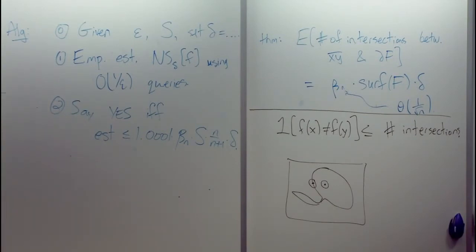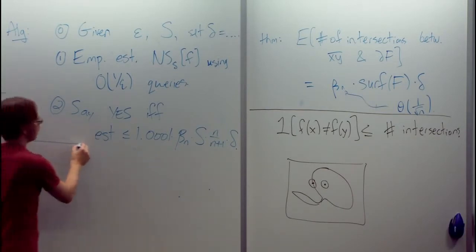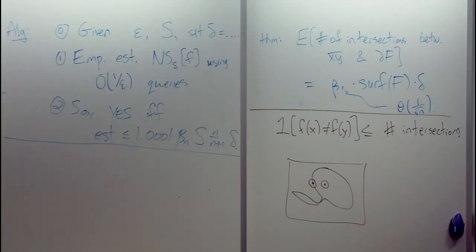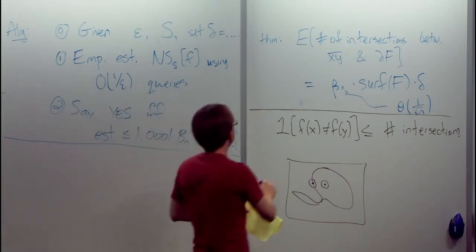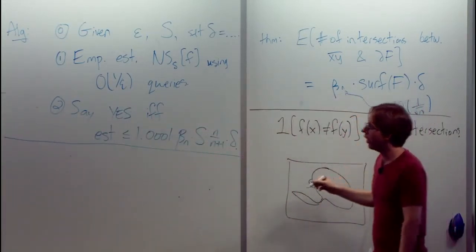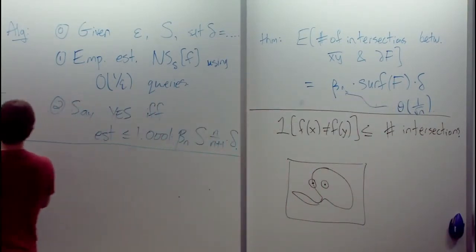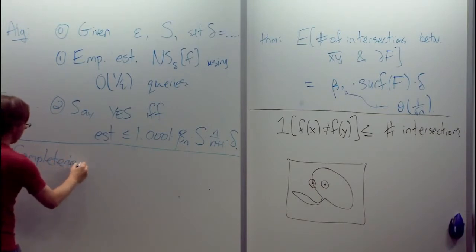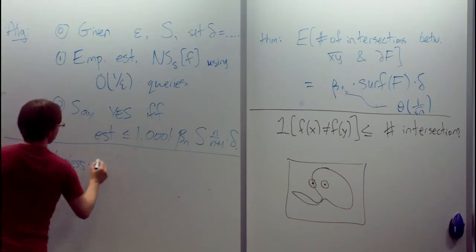Beta n is from this thing. So this is set up so that the completeness of the test will be clear. Well, not clear, but it'll happen automatically from this theorem.